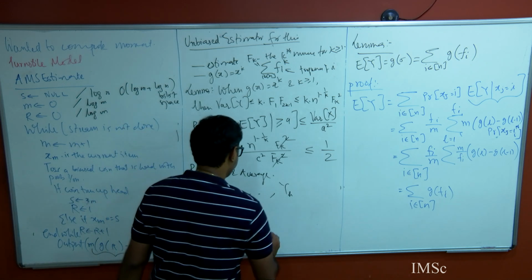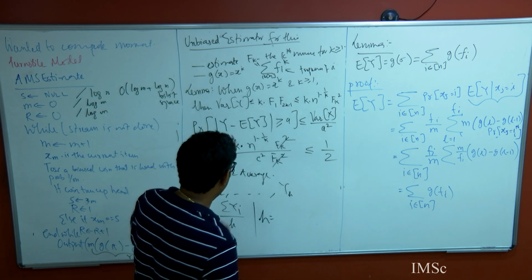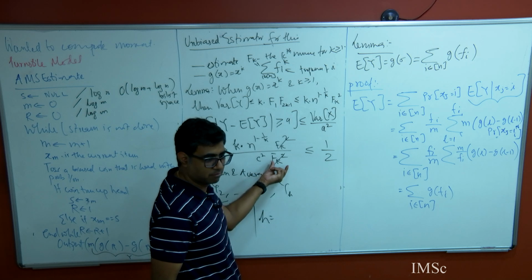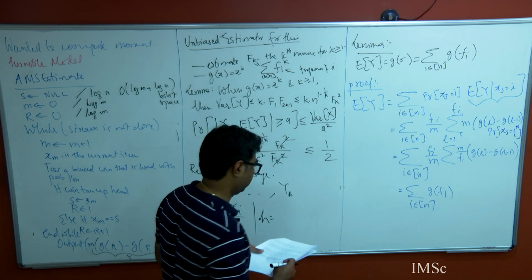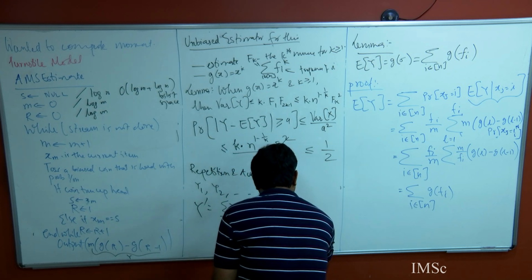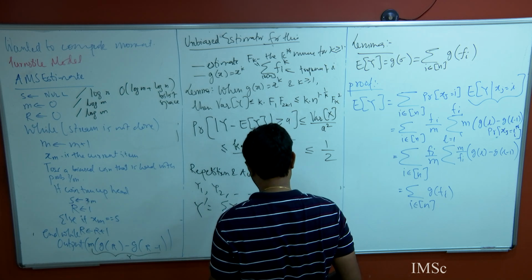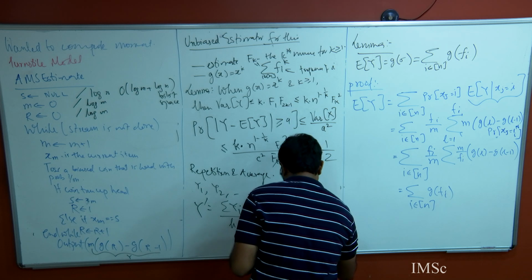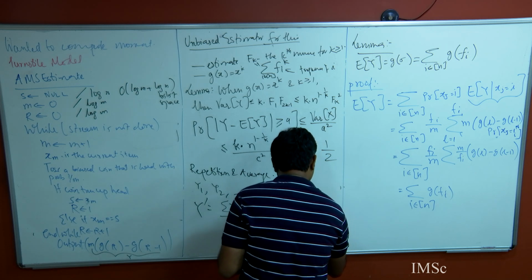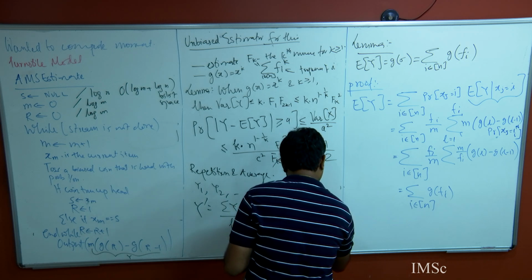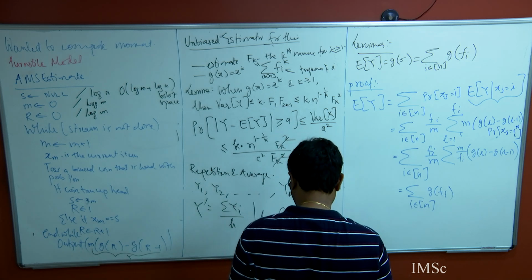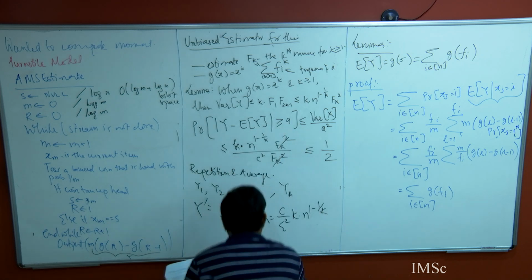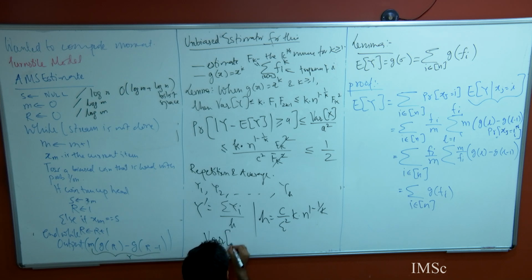And if I fix h, I want to fix h as some number of times so that these guys get cancelled by each other. So what should I take h to be equal to? Suppose I take h to be equal to c by epsilon square times k times n, 1 minus 1 by k. So what is now the variance of y prime?